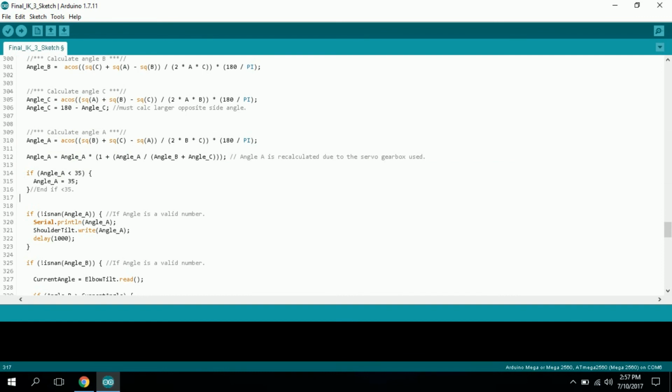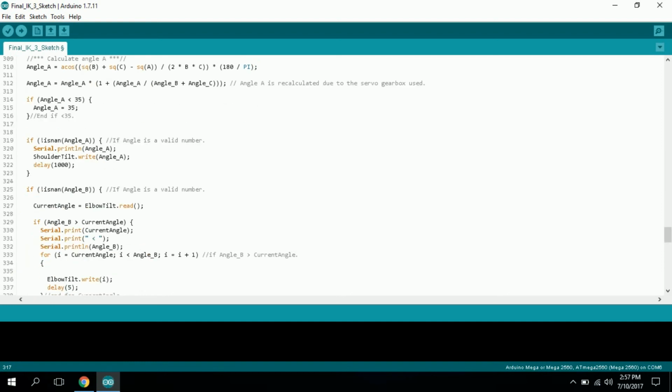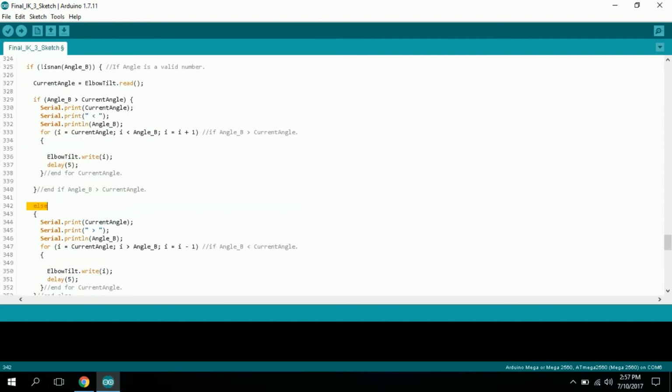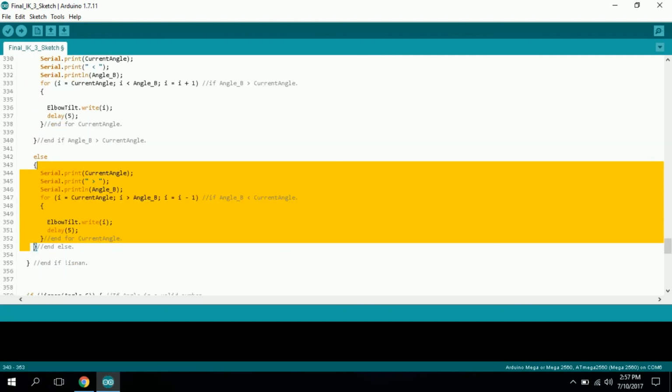If angle A is a number, print it out and move the shoulder to that location. If angle B is a number, set the current angle to where the elbow is, and move the elbow servo in single increments, delaying 5 milliseconds between increments to move slowly either down to the angle or else up to the angle.